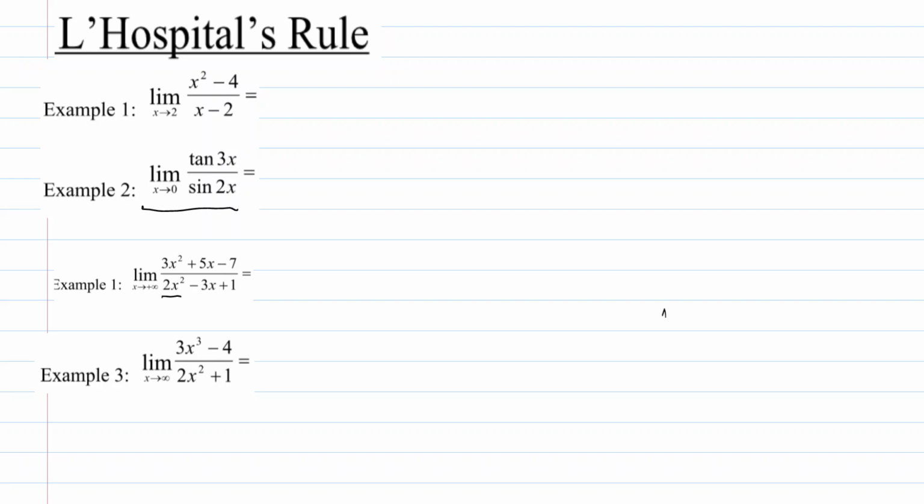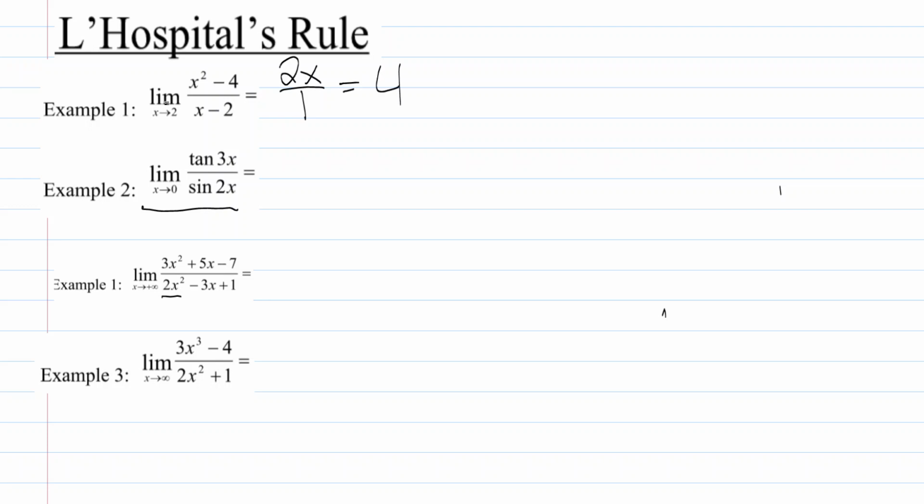So in this one, say you don't notice that there's a hole and you want to solve this a different way. What you do is you just take the derivative of the top and take the derivative of the bottom independently and now reevaluate the limit. And if you do that, you get that it's just 4.